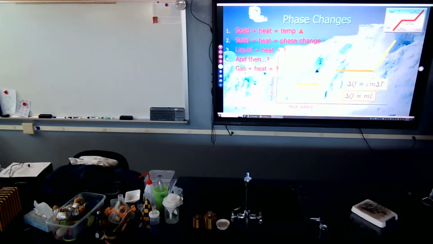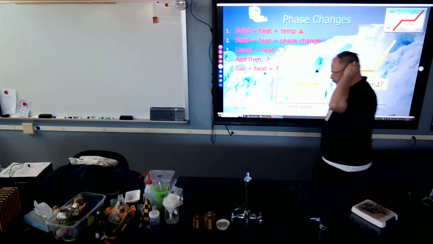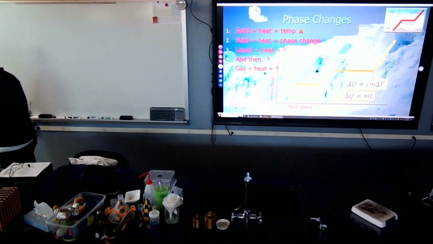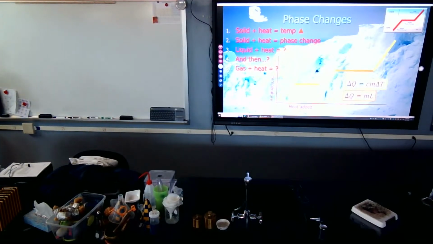How can water get colder than 32 degrees without freezing, or 0 degrees Celsius? It goes to what's called supercooling. Supercooling is what happens when a material wants to change phase, but needs something to get it started.